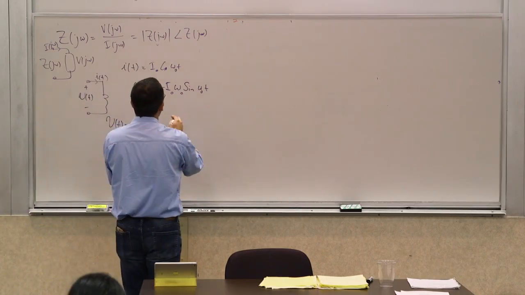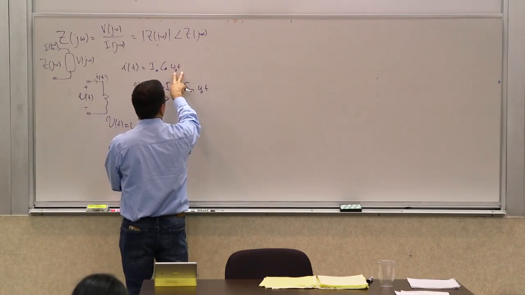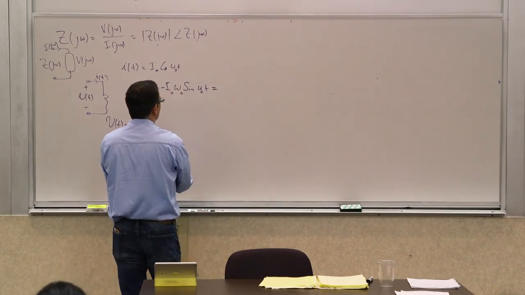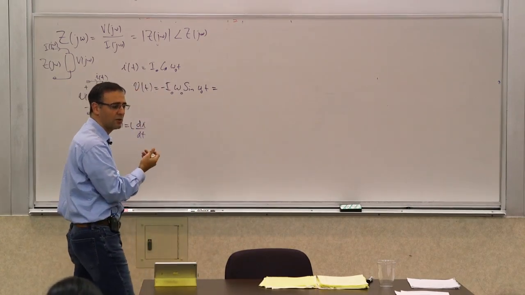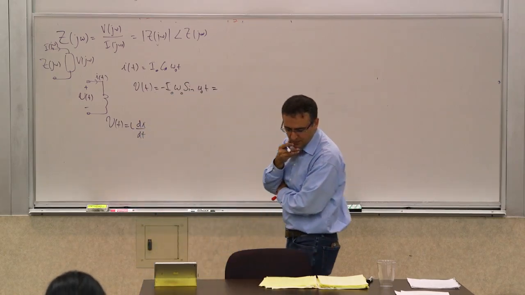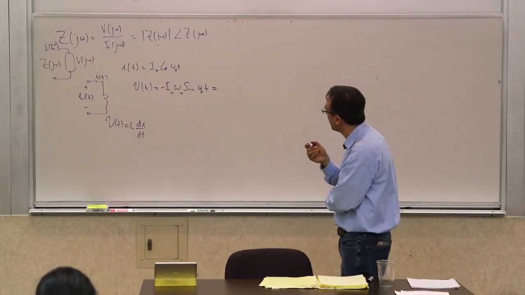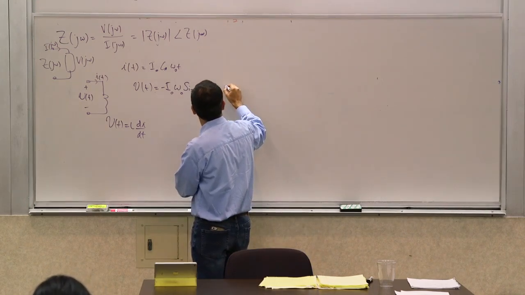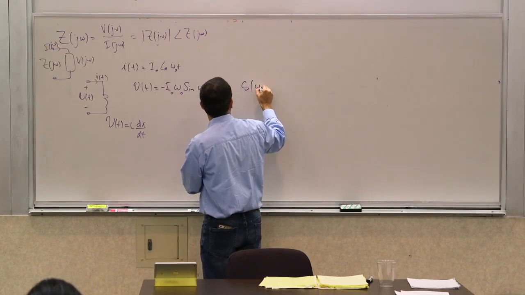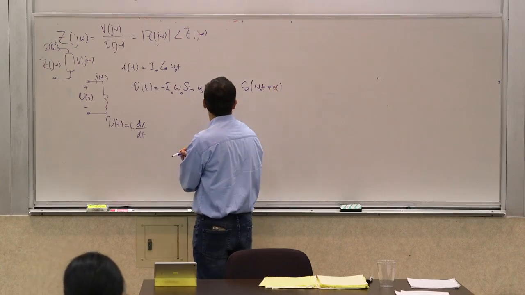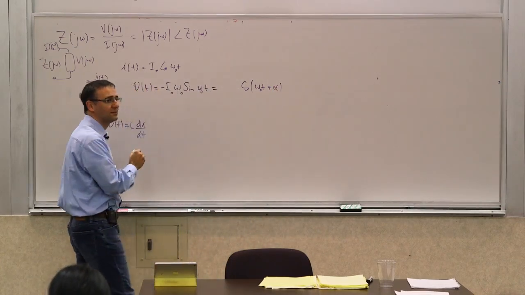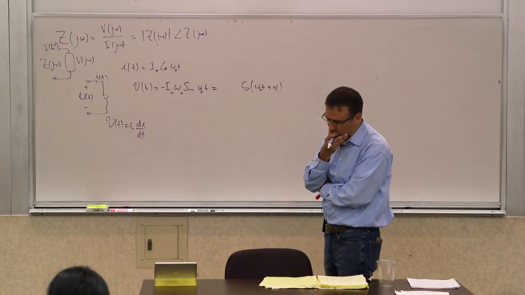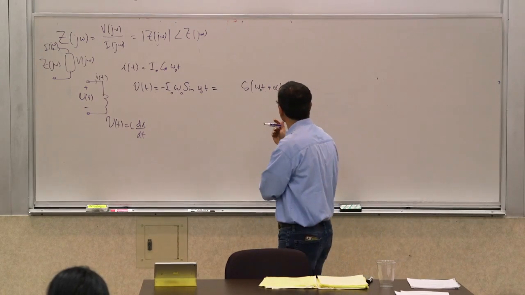But I want to write both of them in terms of cosines because I want to find the relative phases. So how can I write this in terms of a cosine? What is the sine of t in terms of cosine of t? I want to write it as something times cosine of omega 0 t plus some alpha. What is that alpha? Pi over 2, right?